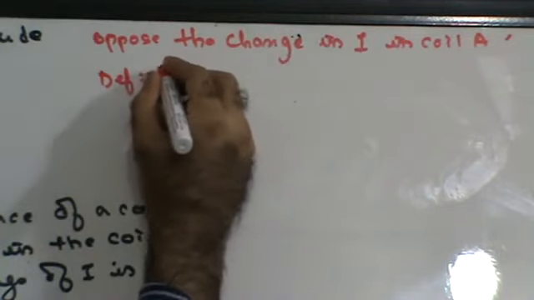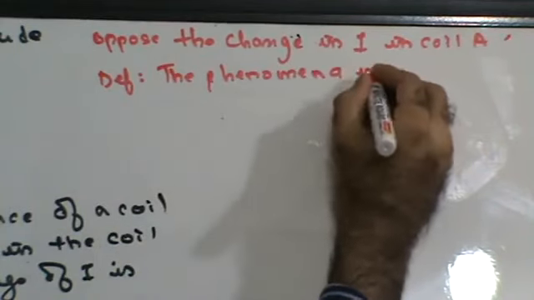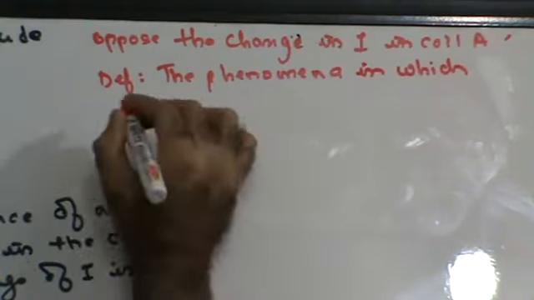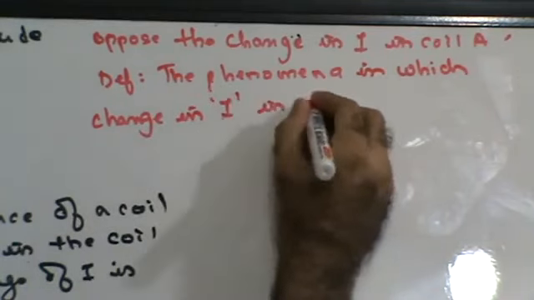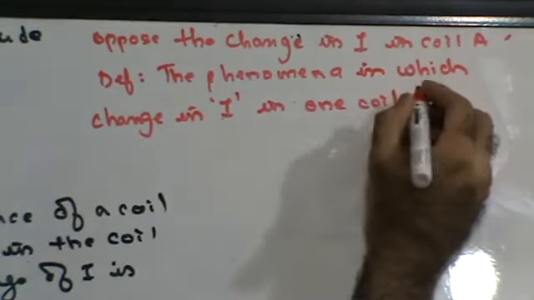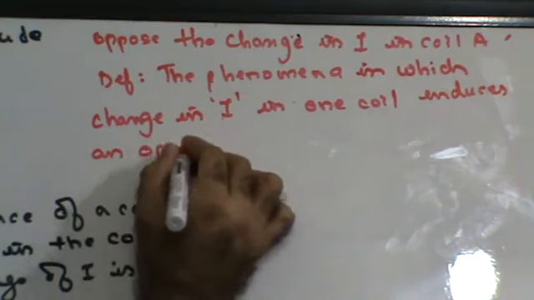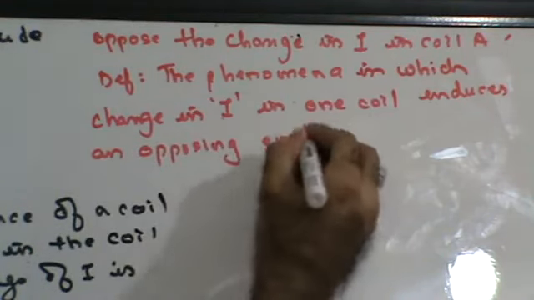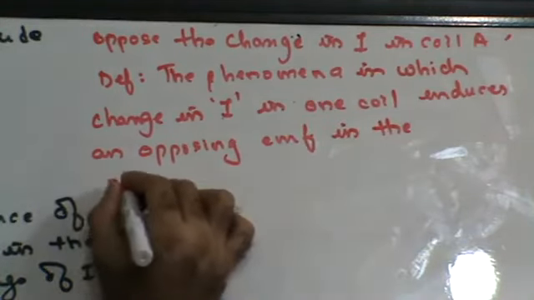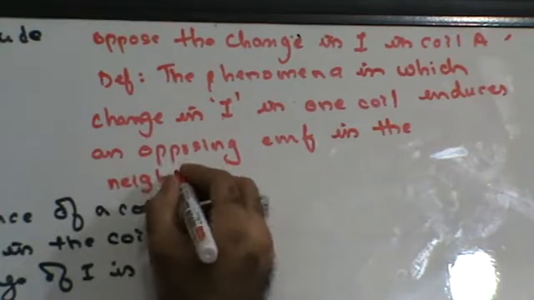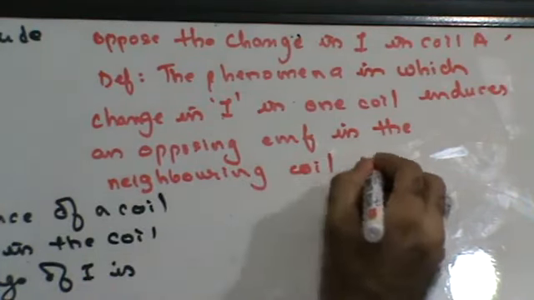The phenomenon in which change in current in one coil induces an opposing EMF in another, neighboring coil, is called mutual inductance.